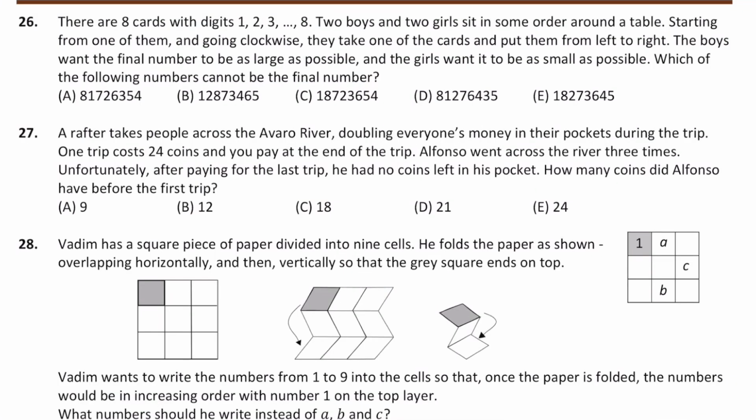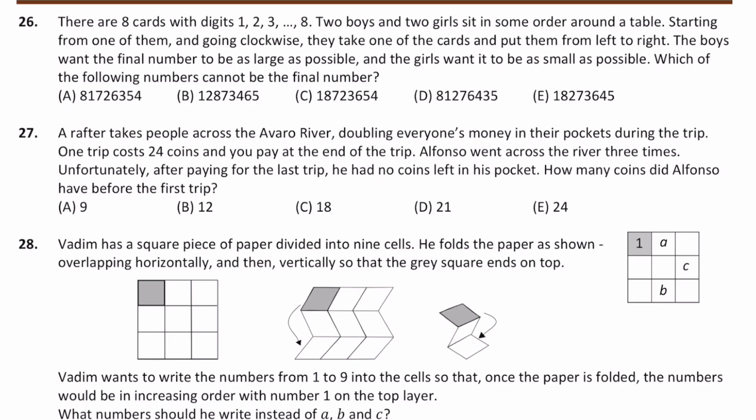Okay, so question 26. There are 8 cards with digits 1, 2, 3, 4, 5, 6, 7, 8. 2 boys and 2 girls sit in some order around a table, starting from one of them and going clockwise. They take one of the cards and put them from left to right. The boys want the final number to be as large as possible, and the girls want it to be as small as possible.